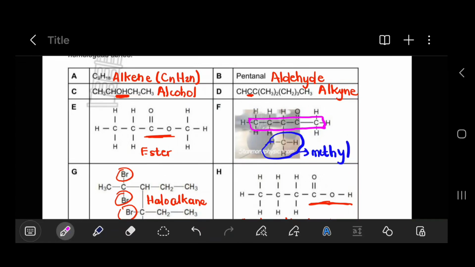And going back to our parent chain, we need to number these carbons so that the functional group lies on the lowest carbon. Now remember here, your functional group was this double bond O, because it was a ketone. If you number left to right, you'll have 1, 2, 3, 4. Your functional group will be on the 4th carbon. But if you number right to left, you'll have 1, 2.